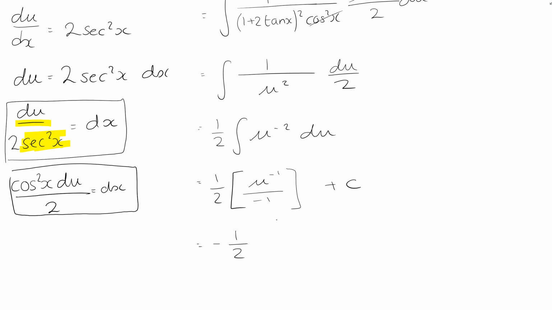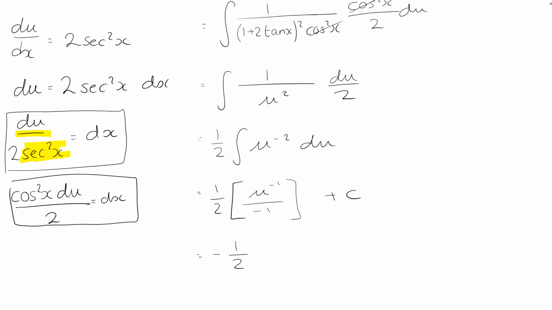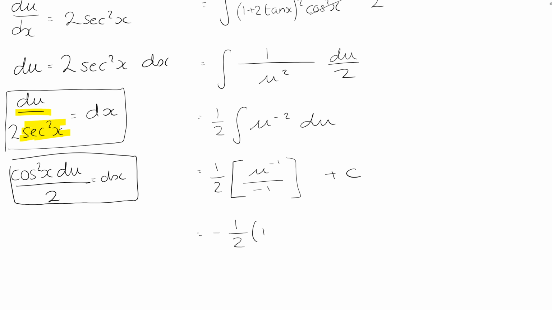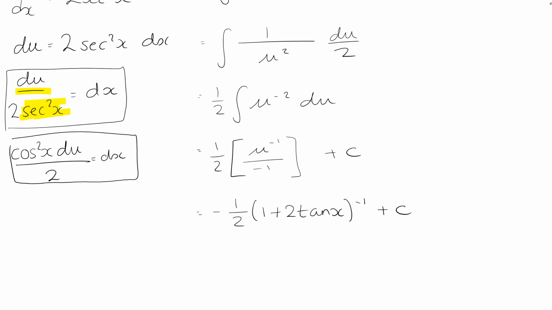We can put our u back in, which is 1 plus 2 tan x, so minus a half times 1 plus 2 tan x to the minus 1, plus c. That's fine.